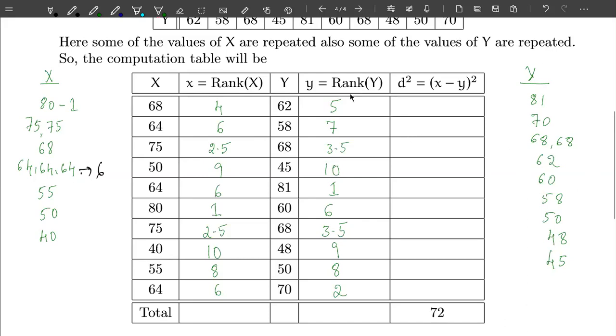So please understand how to assign ranks. Based on the positions, we will have to assign ranks. Then when you are assigning rank to the next number, please don't forget that you have to start from the next number.